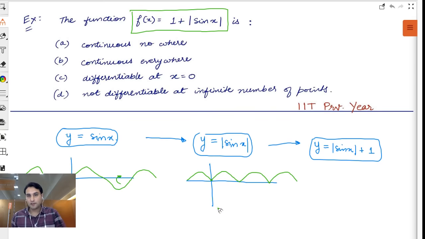Very interesting. Now what will mod sin x plus 1 do? Guys, this is what we call vertical transformation. Whenever you add a number in the function, the graph moves up by that amount. So this graph will actually move up by 1 unit upon adding 1.